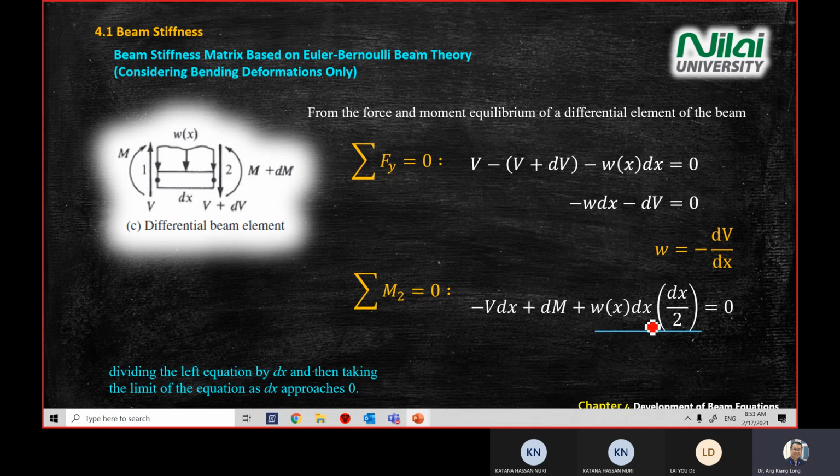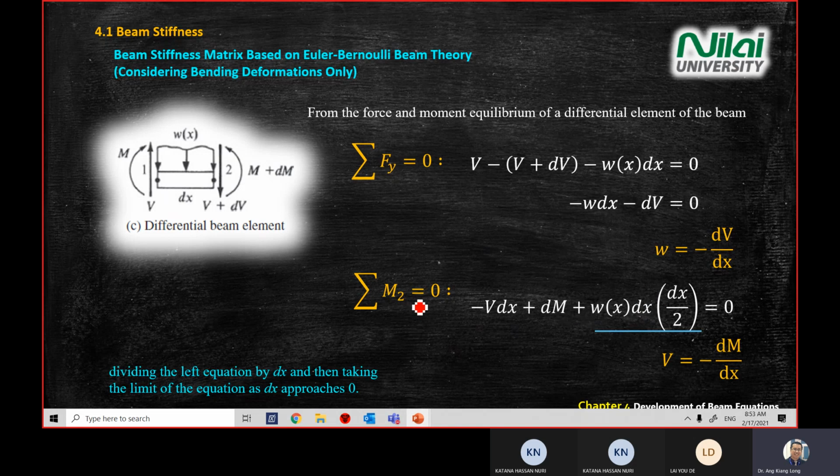Right. The next one we will simplify this equation further. There's a note: when you divide the equation by dx, we want to remove all the dx here. And then we take the limit of the equation as dx approaches 0. So this one will be 0 when we do the cleanup steps for these terms.